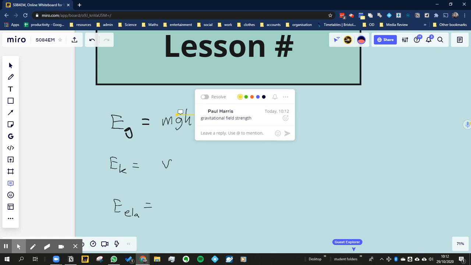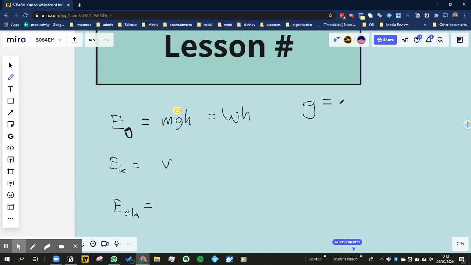On Earth, the gravitational field strength is 9.81. So most of the time, in most of your questions, g will be equal to 9.81 newtons per kilogram. In other words, every kilogram will feel a force of 9.81 newtons.